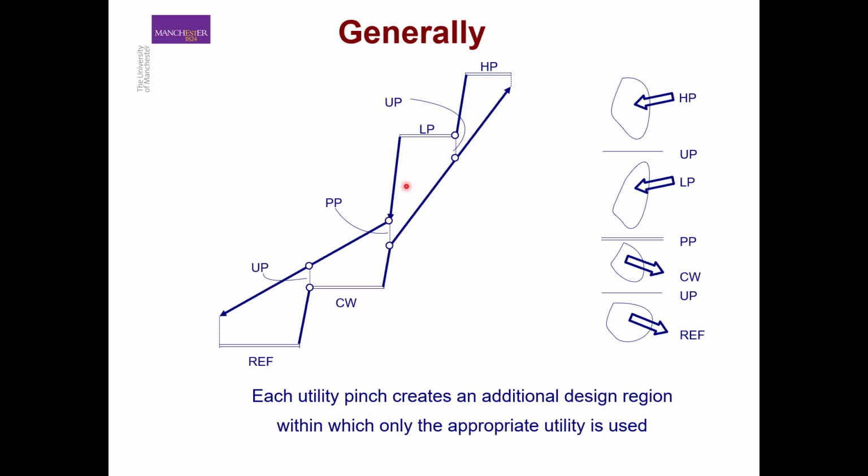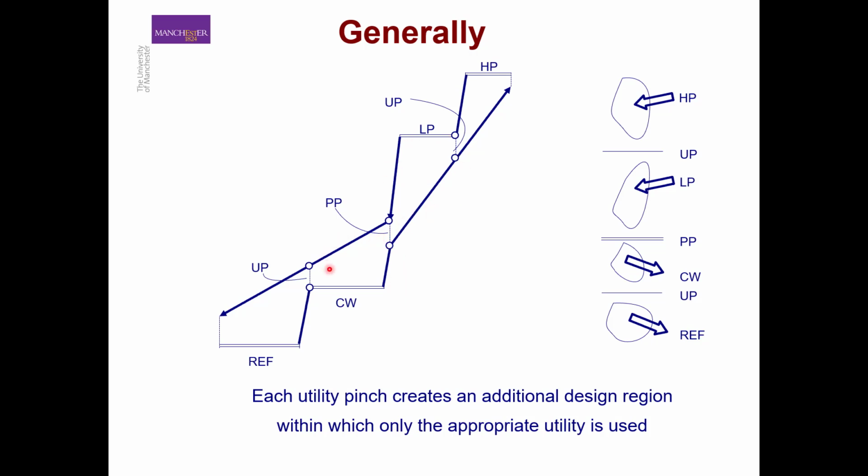Then we have the second region where again the hot and cold process streams are out of balance, and to balance it we have to use LP steam as the utility. So we are just using LP steam in this region only.